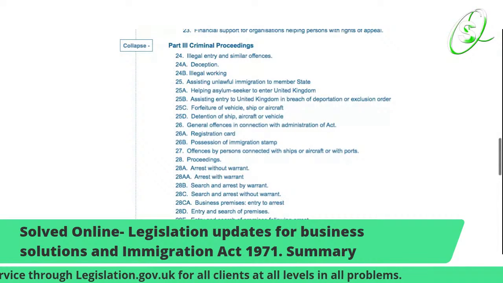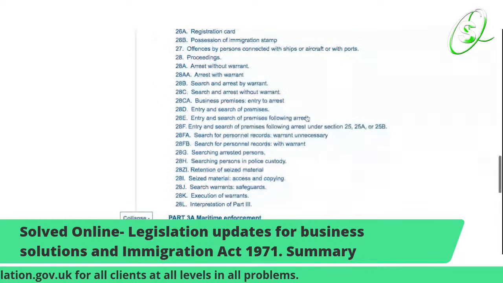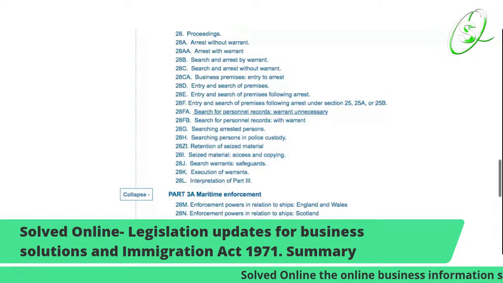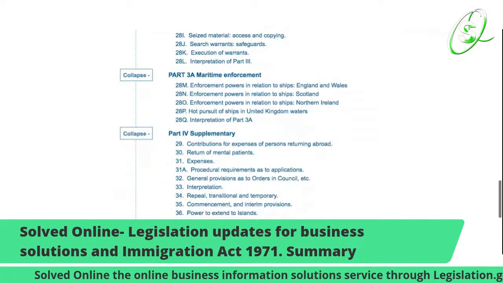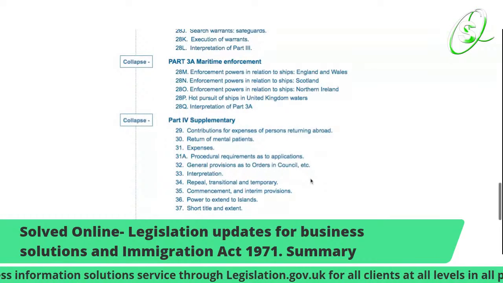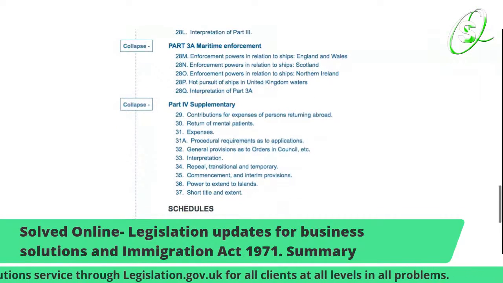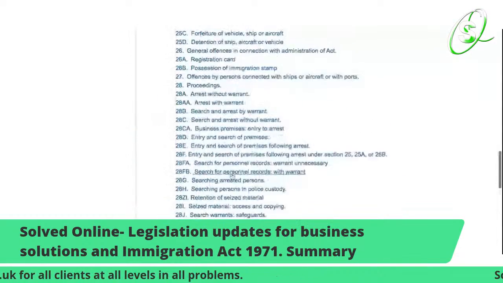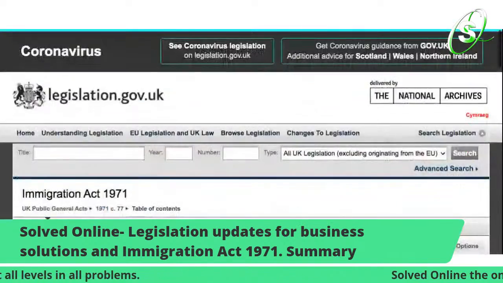This is the areas which they have prescribed for these things, and what can be seized. Maritime enforcement, people that are on ships and other things, and supplementary, so extra things, interpretation, and the schedules are just all the parts that are really attached to something.